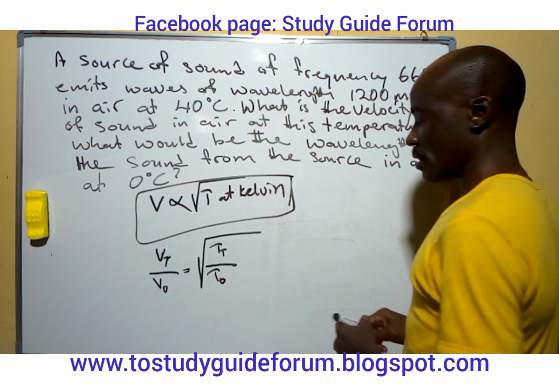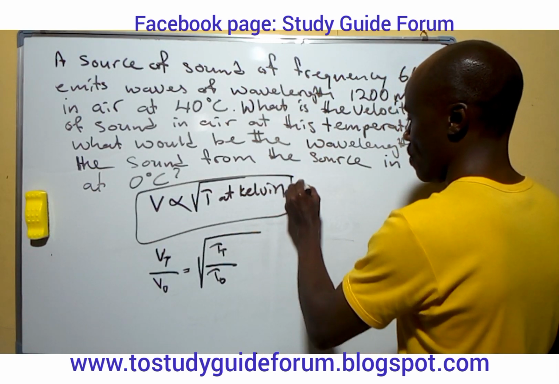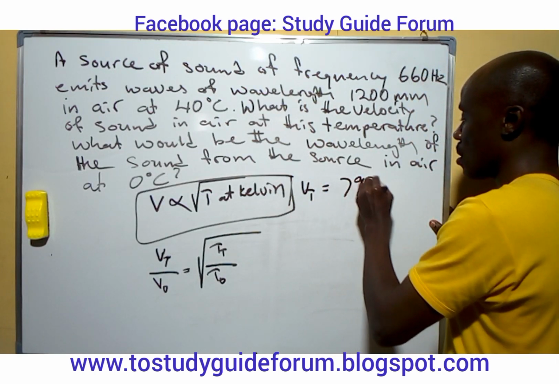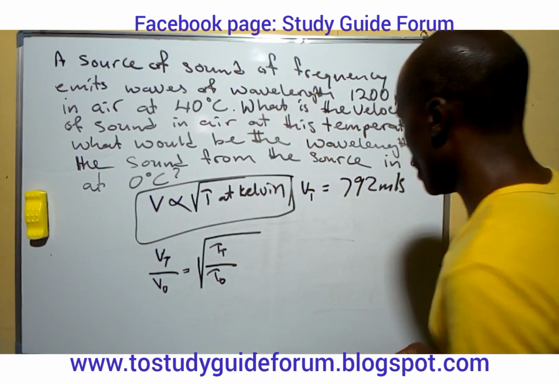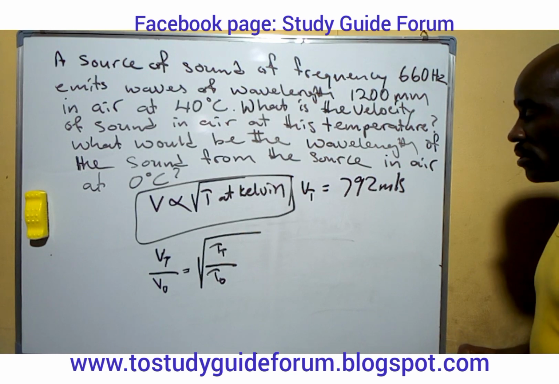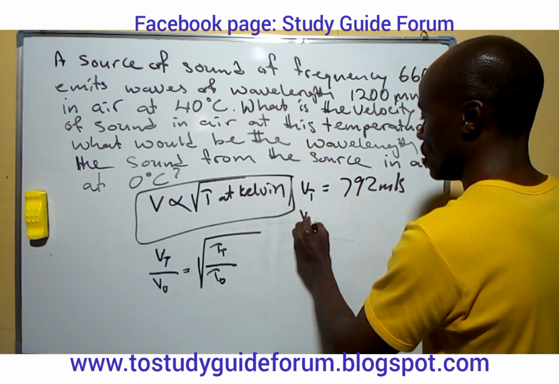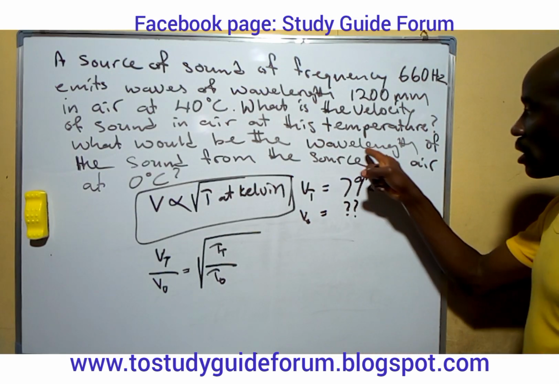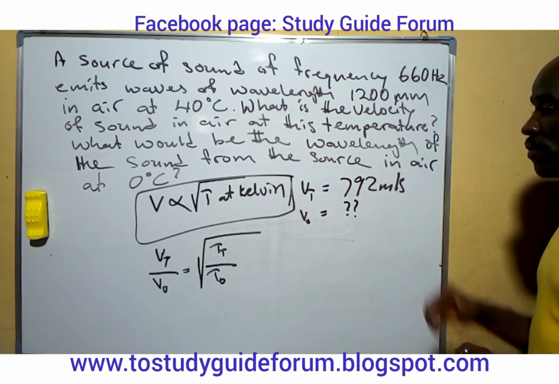Here Vt is 792 meter per second, and the velocity at 0 is what we are looking for.